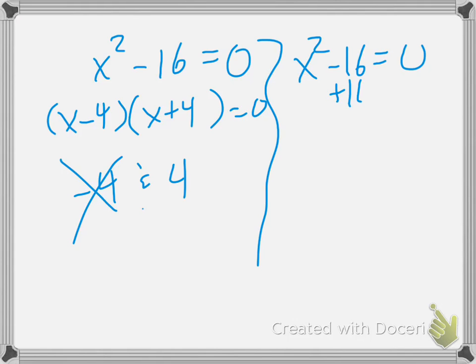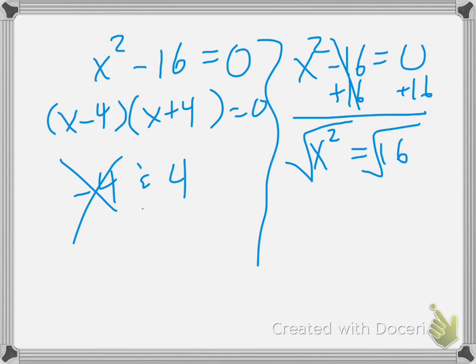You can move the 16 over, isolate the exponent of 2, take the square root of it, and you'll get x equals positive and negative 4, which you know it can't be negative 4, so you'd know it's x equals 4. Or you can use the quadratic equation, and for b it would be 0 because it doesn't have that middle term. So there are several different ways you can solve it.